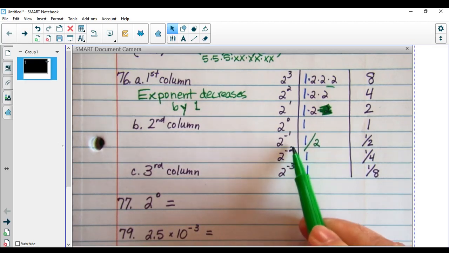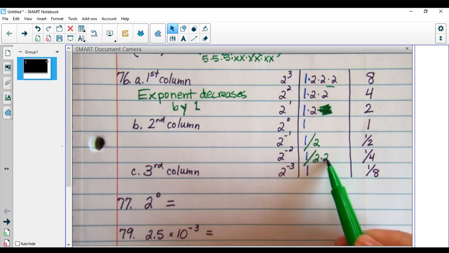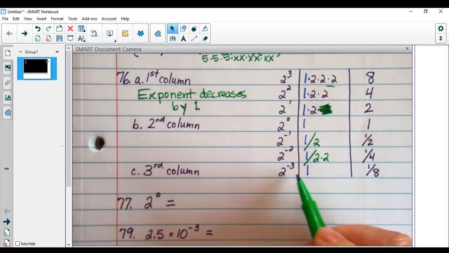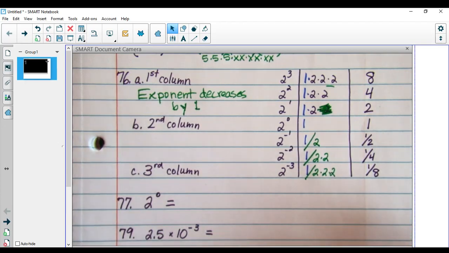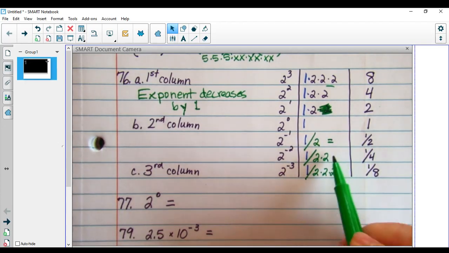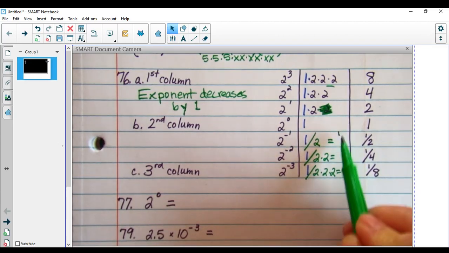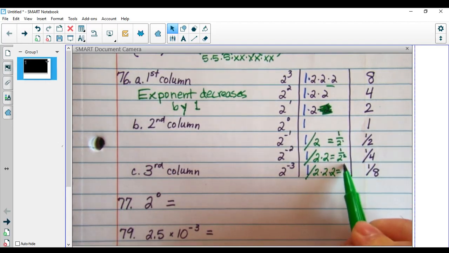And 2 to the negative 2, we're going to do 1 divided by 2 twice. And 2 to the negative 3 is going to be 1 divided by 2 3 times. We could actually rewrite those with positive exponents by doing 1 over 2 to the first, 1 over 2 to the second, and 1 over 2 to the third.